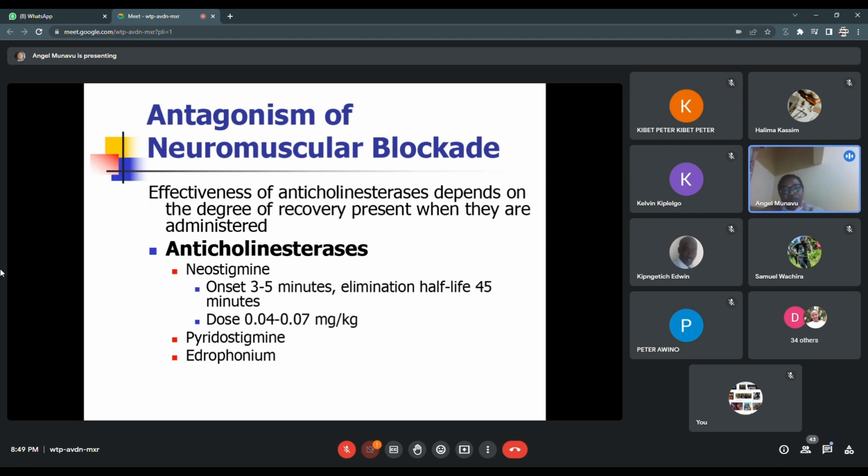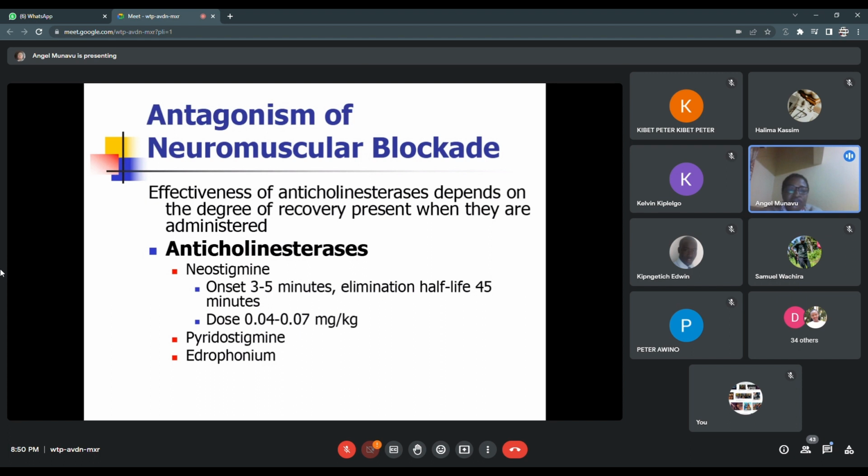So that's how accumulation of acetylcholine works. Because the enzyme cholinesterase catalyzes the breaking down of acetylcholine, if you give a drug that has an anticholinesterase effect, acetylcholine will not be broken down, it will accumulate around there, and it will be able to competitively remove the drug from the binding site.